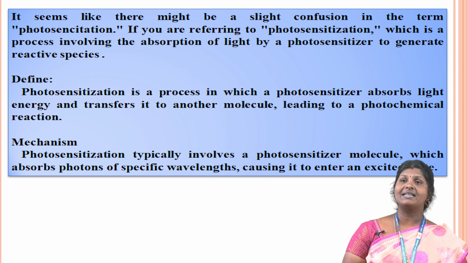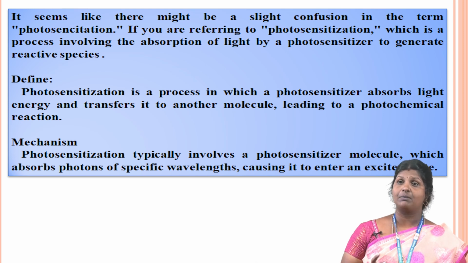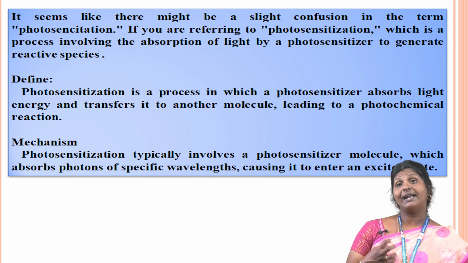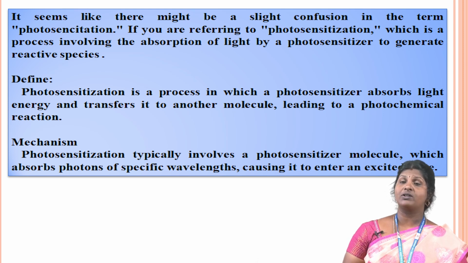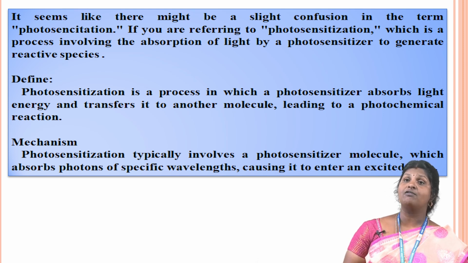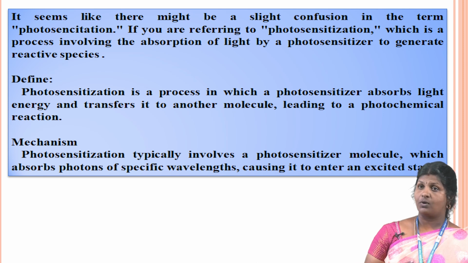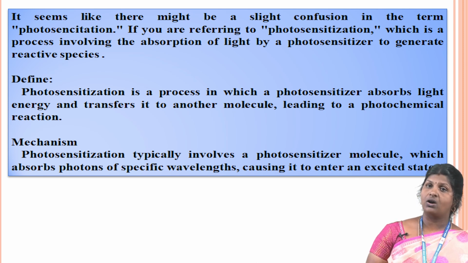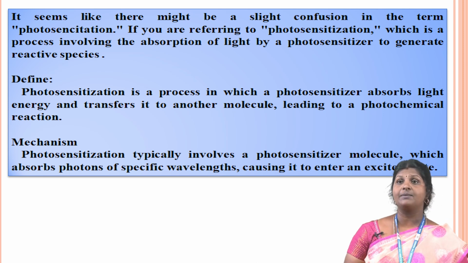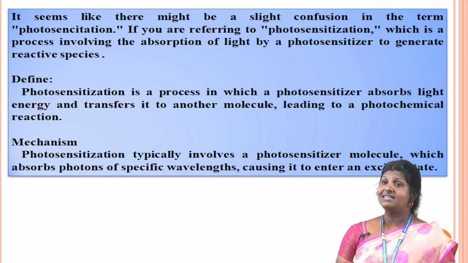The photosensitizer initiates or facilitates chemical reactions by generating reactive species upon light absorption. The mechanism of photosensitization typically involves a photosensitizer molecule which absorbs a photon of specific wavelength, causing it to enter an excited state.